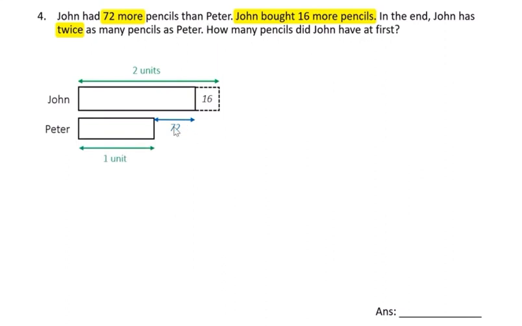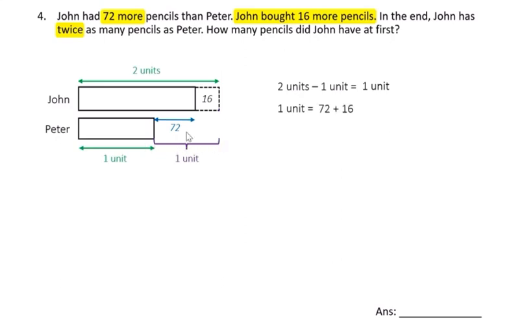Very simple. If you look at this, there is a difference in this portion here, which is a 1 unit difference: 2 units minus 1 unit is 1 unit. So how do I find the value of 1 unit? You just take 72 plus 16, because 1 unit is this part, right?